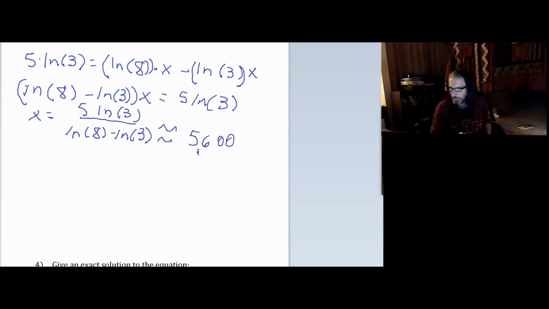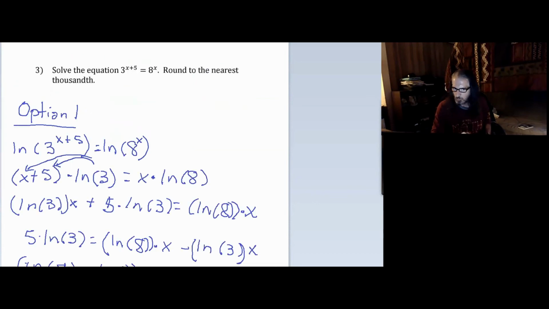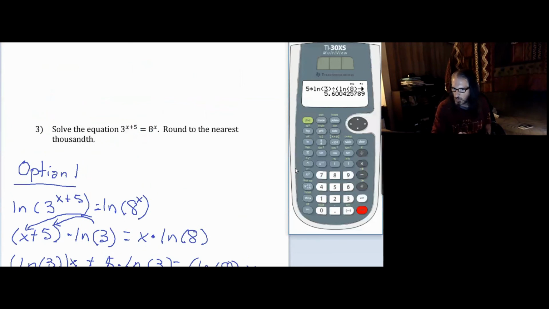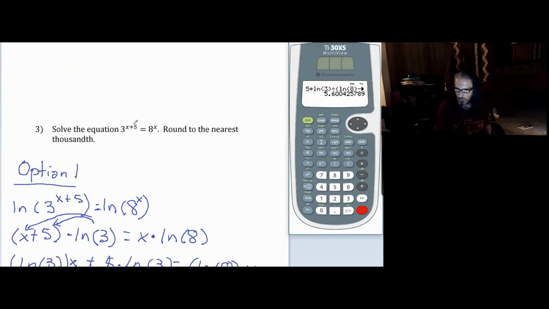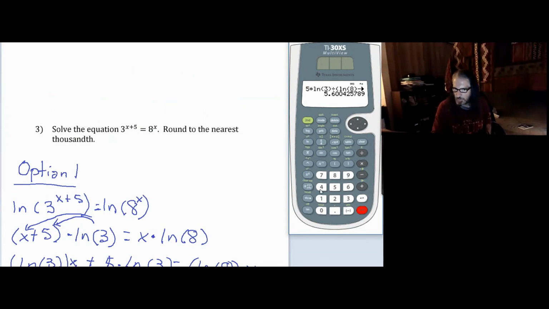Checking that. If we were to put that into this exponent, 5.600 plus 5, that'd be 3 to the power of 10.600.